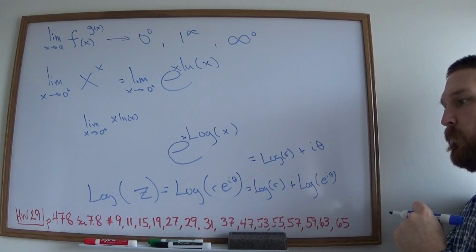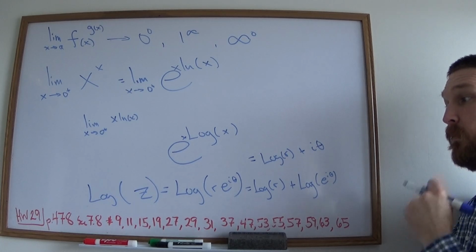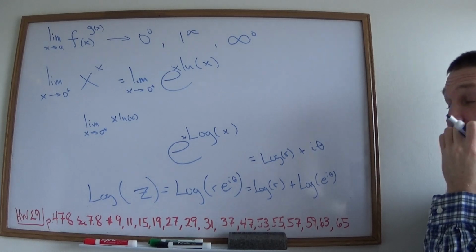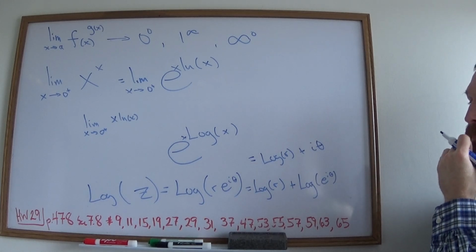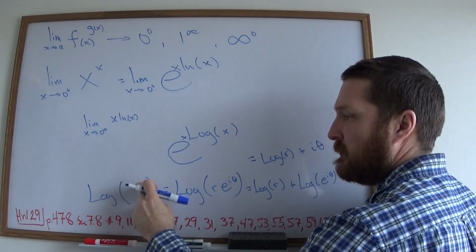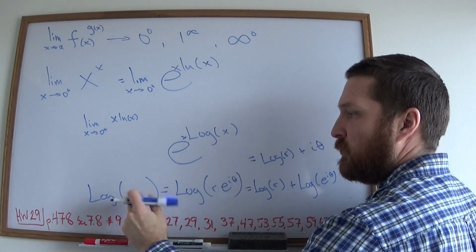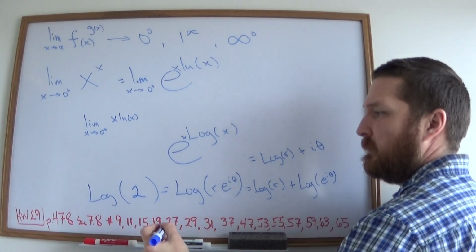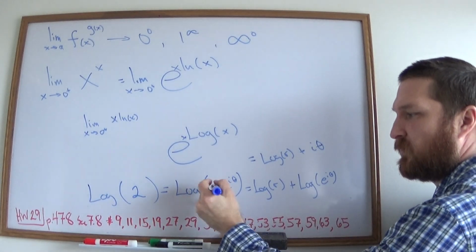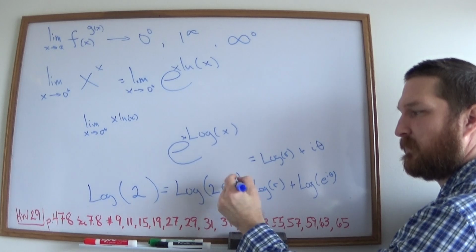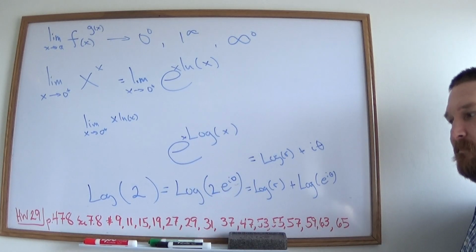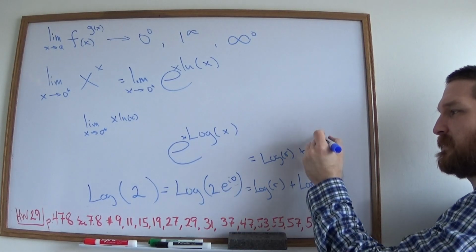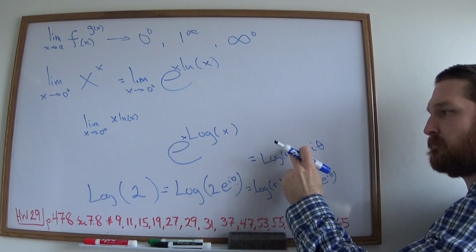If you plug in a positive number, for instance 2, it's the same thing as 2, but your theta is 0, so it's just the plain old log of 2.